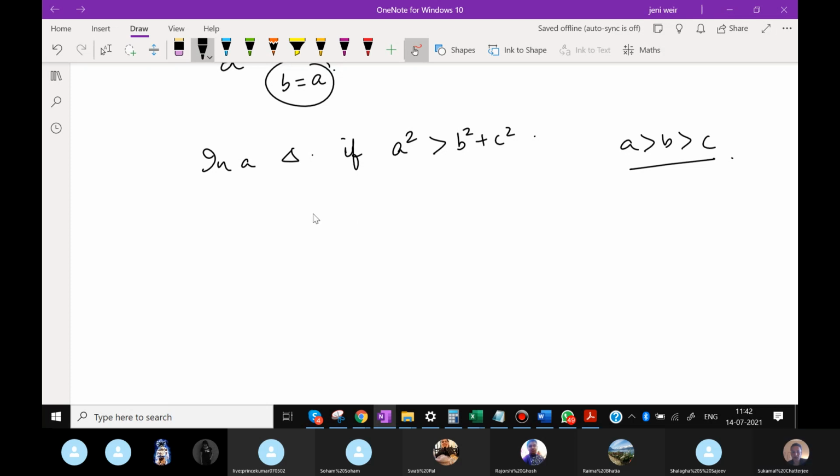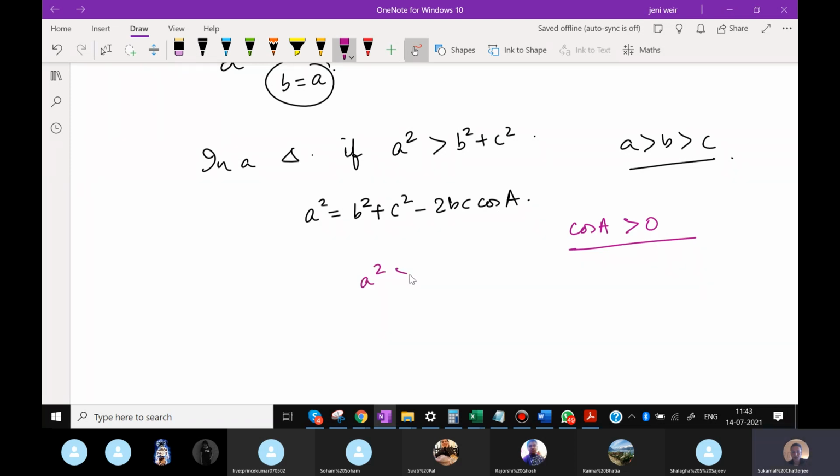Now we know a square equals b square plus c square minus 2bc cos a, cosine rule. That means if cos a is positive, then a square will be greater than b square plus c square, right?